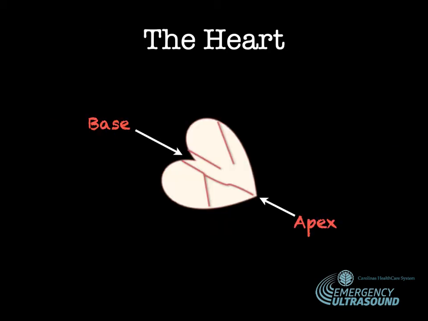So when we're looking at the heart, we know the base of the heart lies closer to the patient's right side, and then their apex lies over to their PMI. So just remember that, because we might talk about fanning the probe towards the base or towards the apex or sliding the probe. So you'll need to know the location of the heart and the base versus the apex.